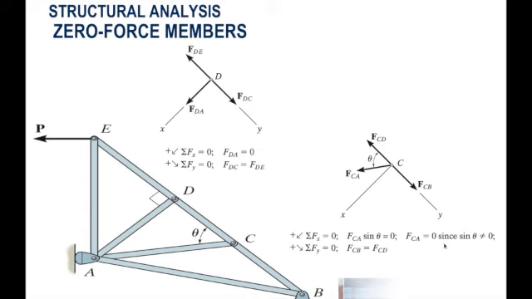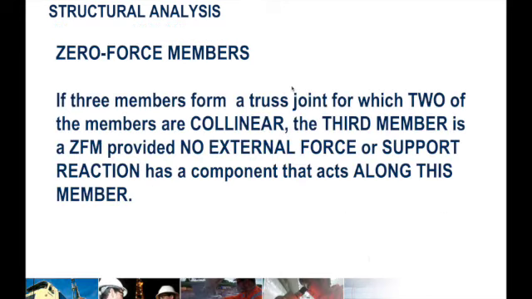FCA would be equal to 0 since there are no other y components, and since sin theta is not equal to 0. And if you do summation of forces in Y, you will find out that FCB is equal to FCD. So member CA and member DA here are zero force members. Okay, so this is the second rule.